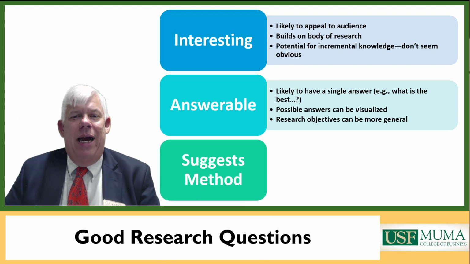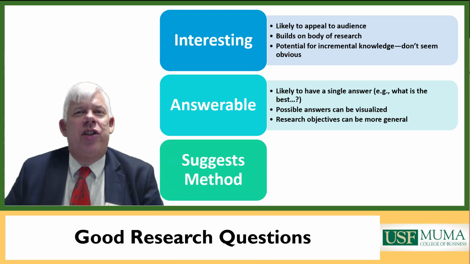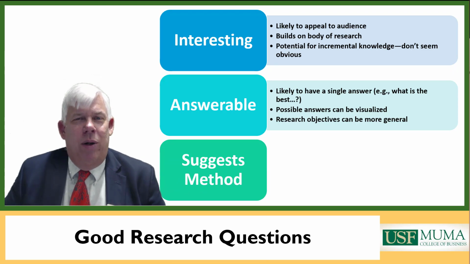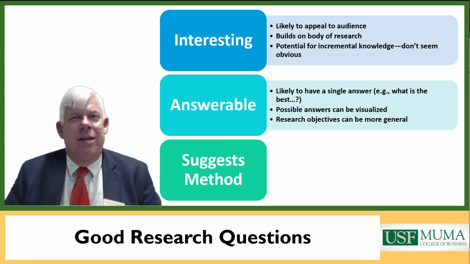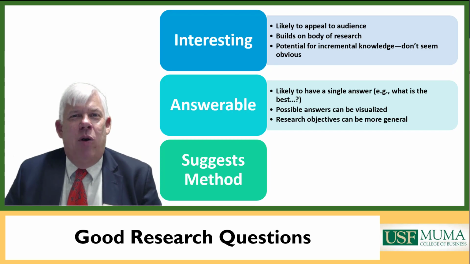And of course, that's the last thing that a good research question does, is it suggests a methodology. One of the easiest ways to discard a paper is to have a question which the method simply is not going to address.